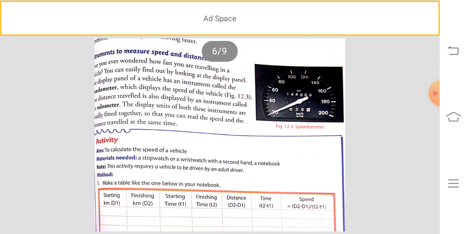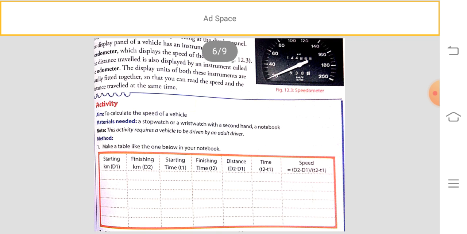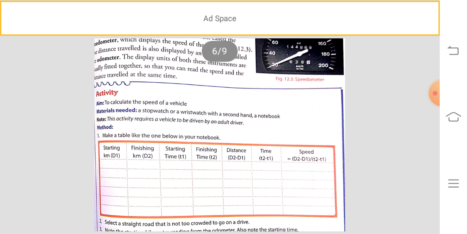So the instrument used to display the speed is a speedometer, whereas the instrument used to display the distance traveled by the vehicle is the odometer. Together we can see both in our vehicle. Previously the numbers used to be written on the panel, but nowadays it has been digitalized, so the distance traveled is shown in digital form.